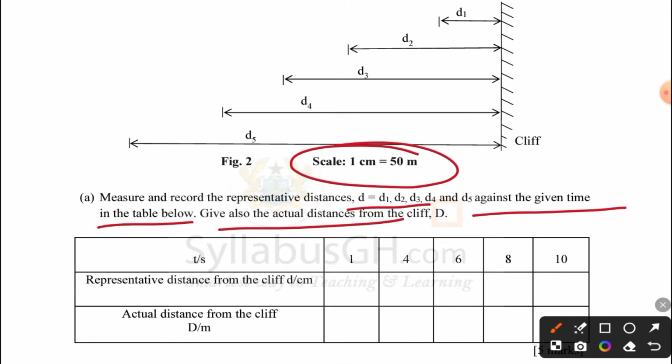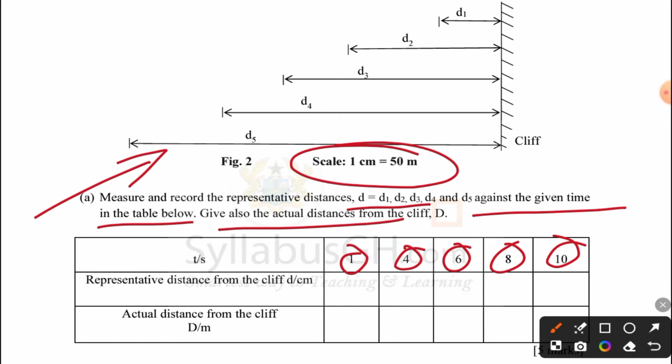So for a particular time, 1, 4, 6, 8, or 10 seconds, the distance that is represented in the book is shown above. That's what you see in your answer booklet. Now this is a device that I can't actually use to measure the actual distance. So we'll just make some assumptions here.